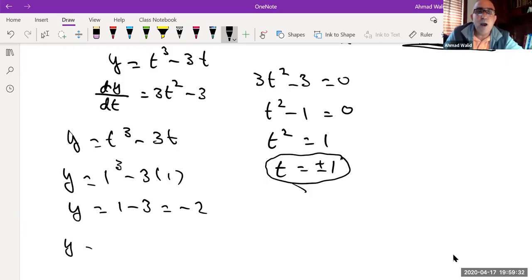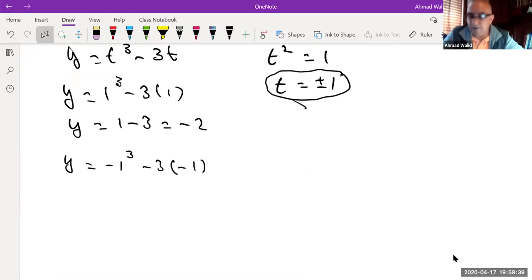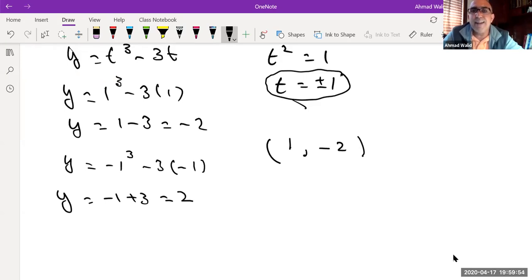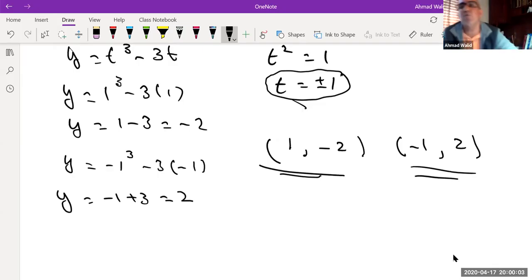Next, y equals negative 1 cubed minus 3 times negative 1, which is negative 1 plus 3, positive 2. Then I got 2 points. When t is 1, you end up with negative 2. When t is negative 1, you end up with positive 2. These are the points where the tangent will be a horizontal line.